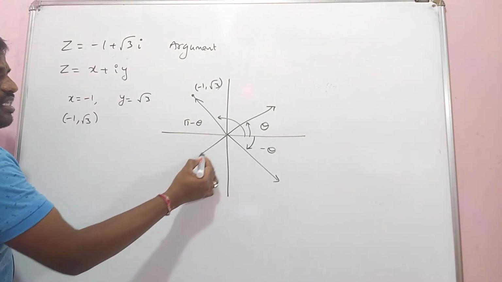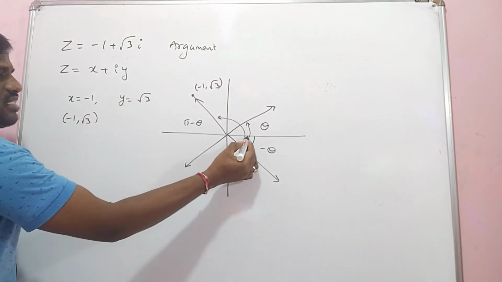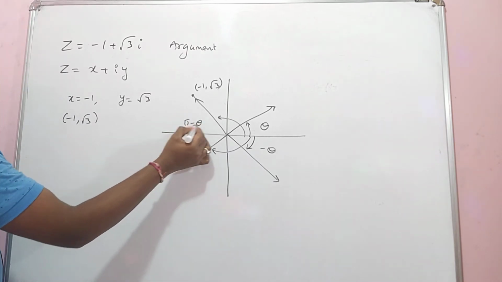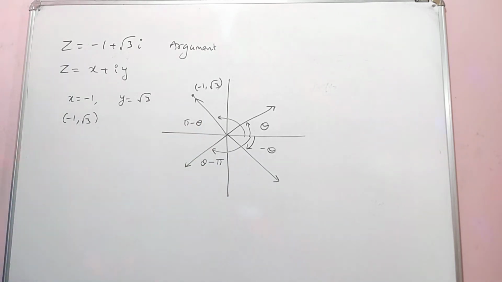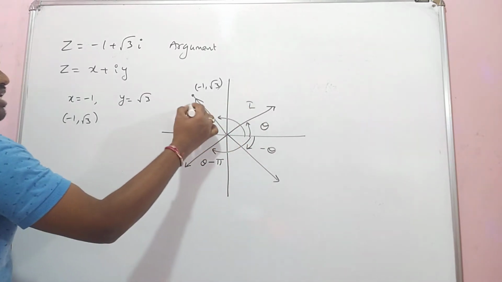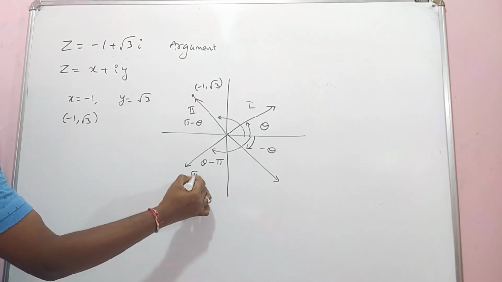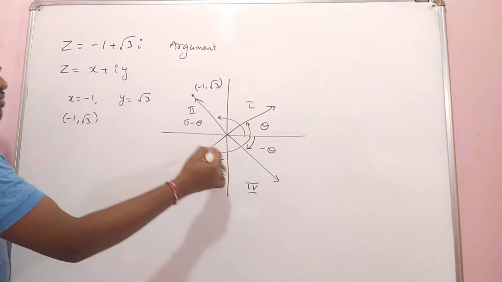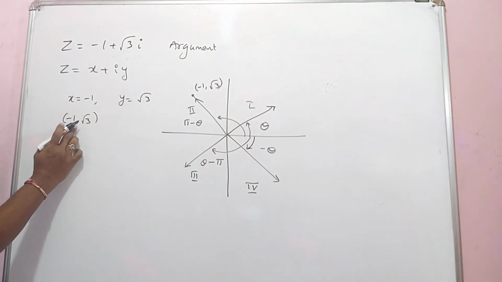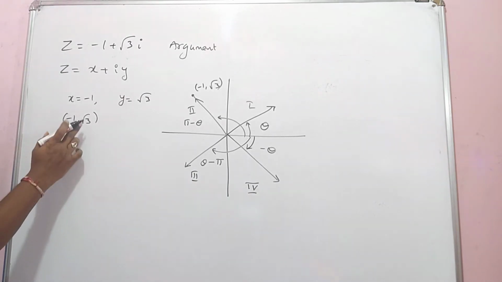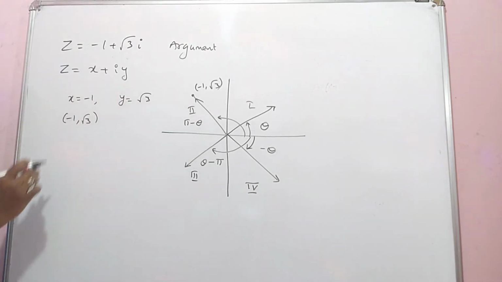If it is in the third quadrant, then the answer is theta minus pi. So first quadrant, second quadrant, third quadrant, fourth quadrant, you have to remember this. Now, this question is related to the second quadrant.